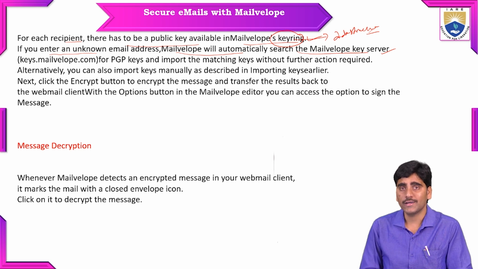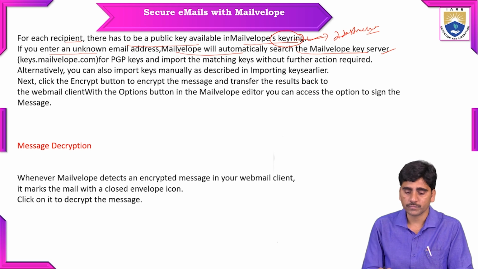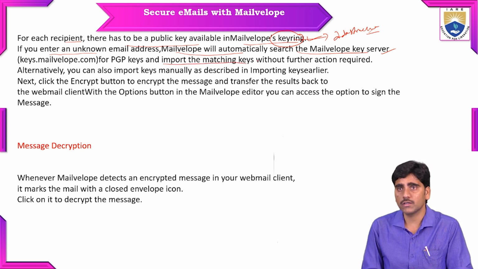If you are entering a wrong mail address, it is searched in the Mailvelope key server, and it checks whether the mail is compatible or not, verified or not, for the PGP keys, and imports the matching keys without further action required. Alternatively, you can also import keys manually as described in importing keys earlier.